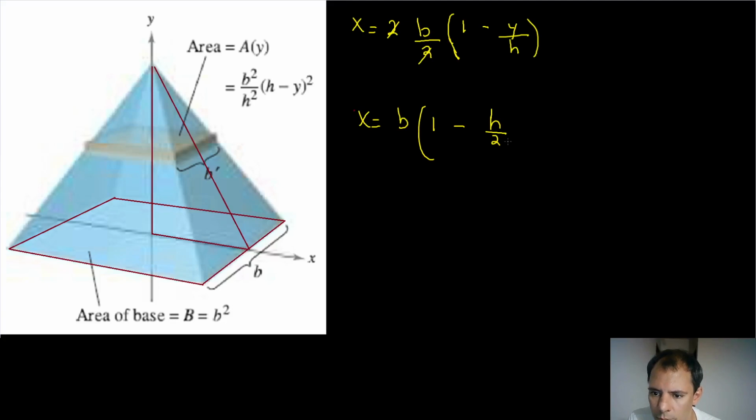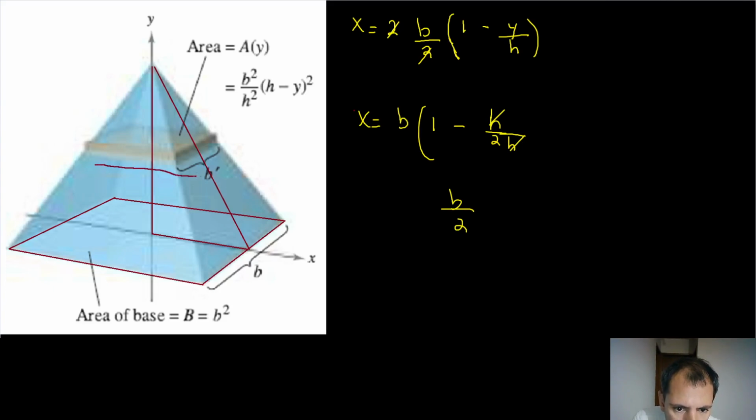So we just put height here. Dividing this by this, you got 1/2. 1 minus half is half, times b, divided by 2. So you can see that when y is right in the middle, right around here, x is going to be b divided by 2, okay?